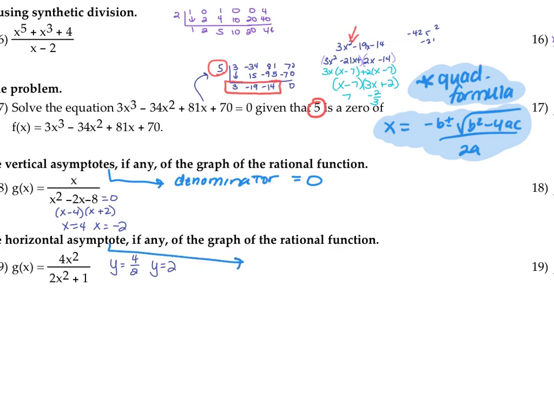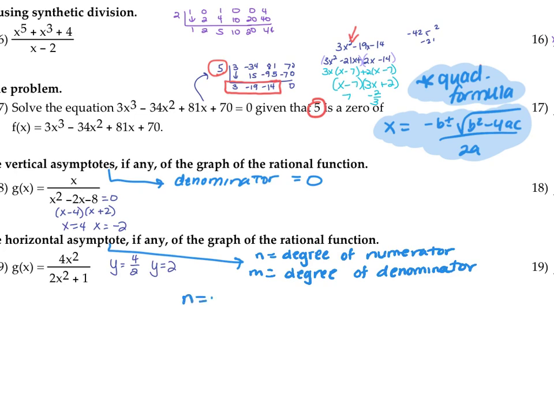Horizontal asymptotes come from the degree of the numerator and the degree of the denominator. So if n is the degree, which is the highest exponent of the numerator, or the top, and m is the degree or highest exponent of the denominator, then there's 3 separate situations.